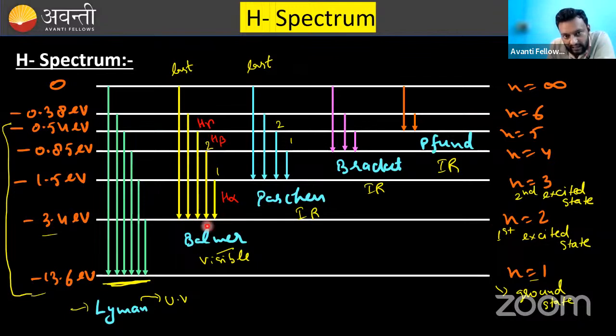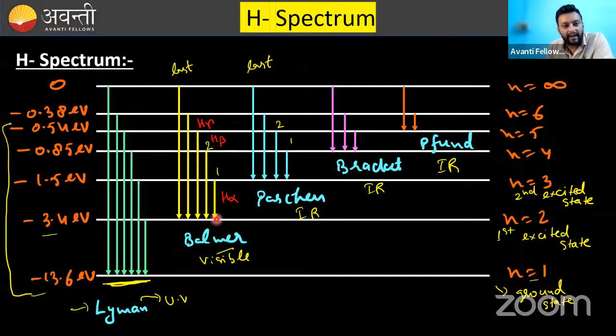That means electrons are ultimately coming to n equals 2, the first excited state or the second orbit. They are coming from third orbit to second, fourth to second, fifth to second, and from infinity to second orbit. When they are returning to the second orbit, that means the final orbit is the second orbit.